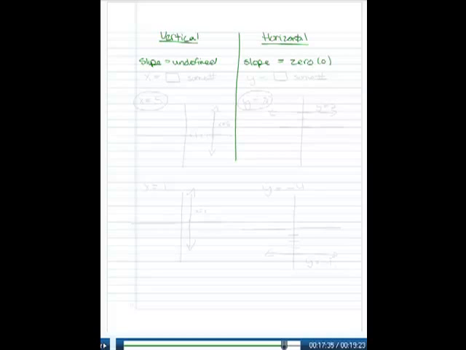Okay. Vertical lines are always written in the equation form x equals, and I'm going to just say some number. And horizontal lines are always written y equals some number.